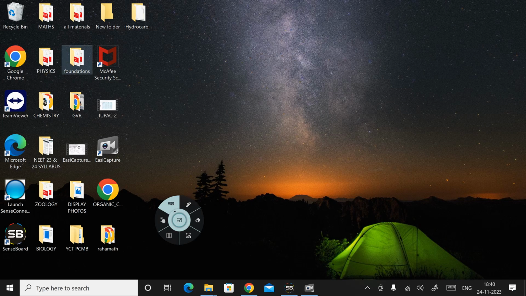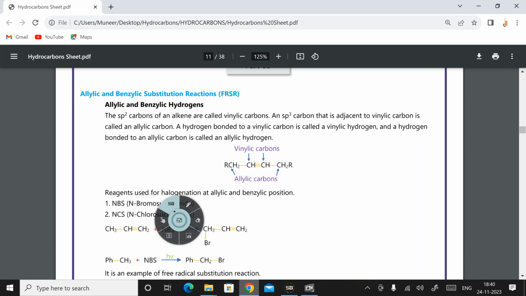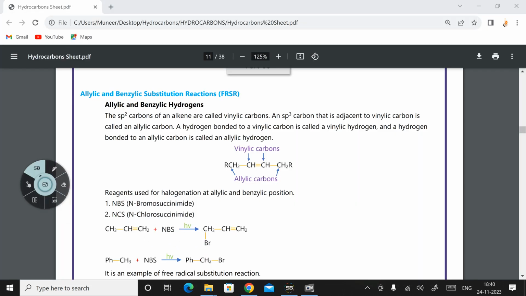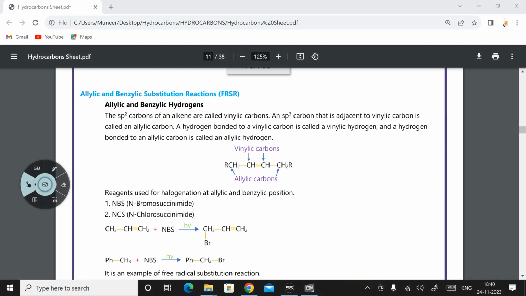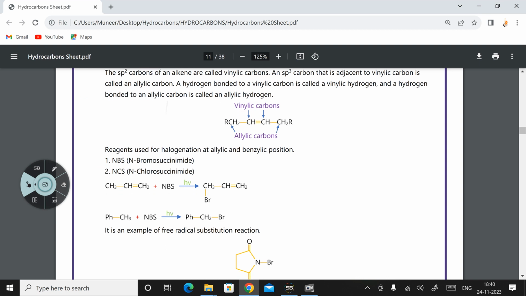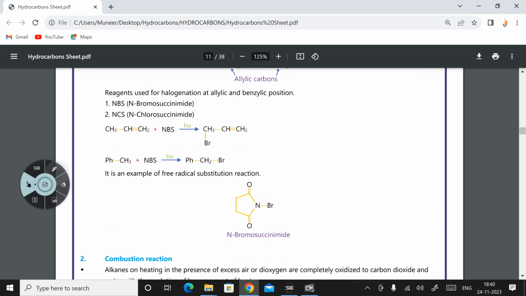Now look at the board. To substitute allylic hydrogen or benzylic hydrogen, a reagent should be used that is called NBS, N-bromosuccinimide, or NCS, N-chlorosuccinimide.